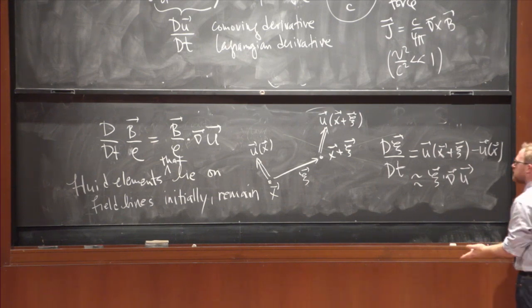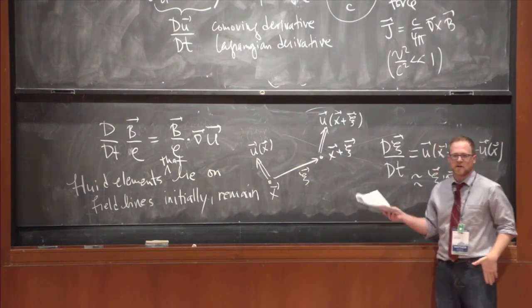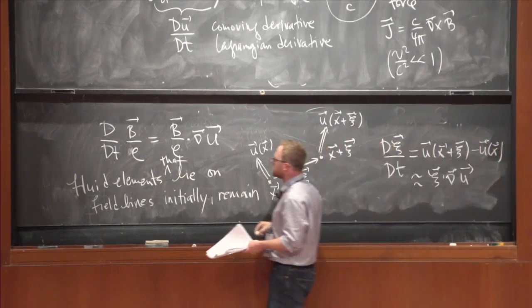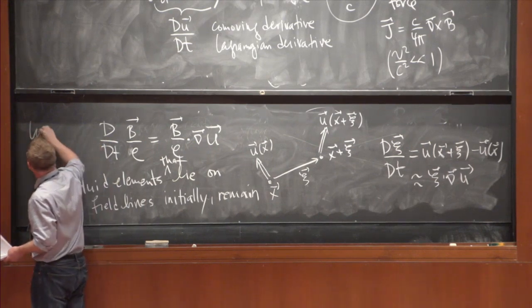So there's two versions of flux freezing. This is one of them. This is kind of a weak version. There's a volumetric statement about flux freezing, which is Alfvén's theorem. And this is the one that usually gets presented first instead of this Lundquist theorem.